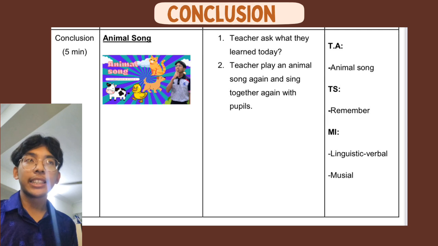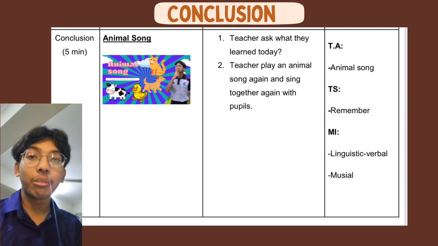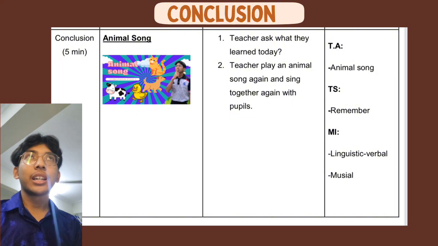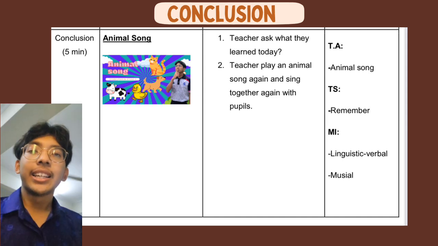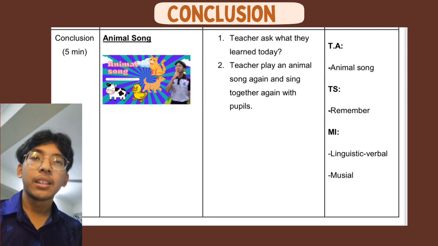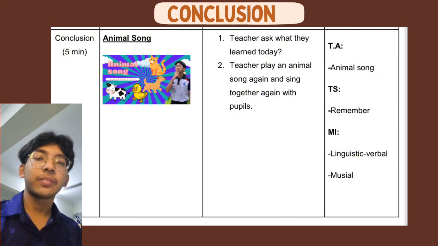After that, the teacher will play an animal song again and sing together with her pupils. So they keep repeating all the things, because repetition and slow-paced learning are good for them to recognize the sound and respond to the sound.